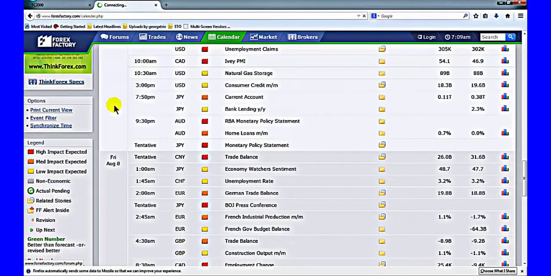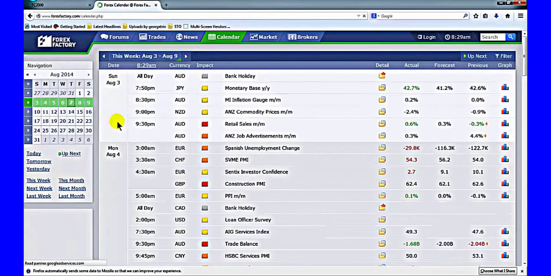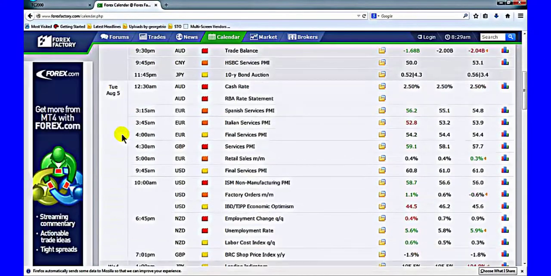Still waiting for my screen to finish refreshing. Hopefully everything will be okay. Now we are looking for Thursday, the 7th.